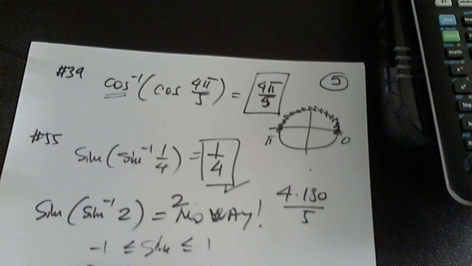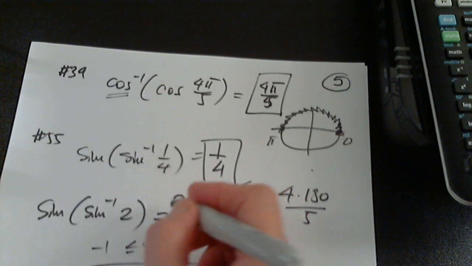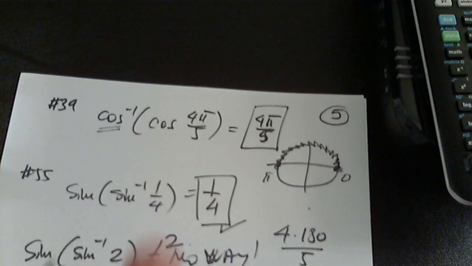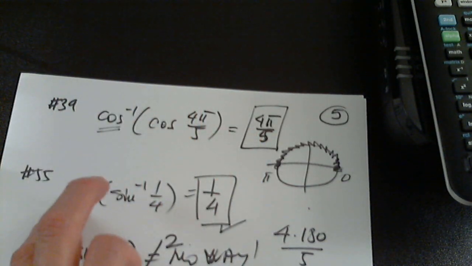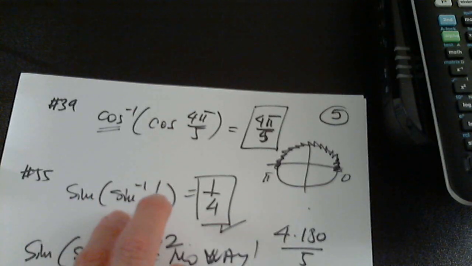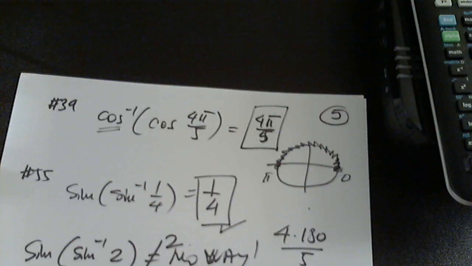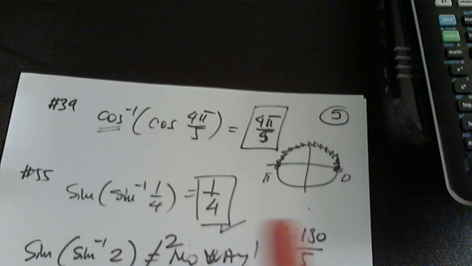Yes, but 2 is not a number between -1 and 1. So it always has to be in between -1 and 1, right? Yes. So one more time. Very good question. If sine is outside and sine inverse is inside, this number has to be between -1 and 1. If it's reversed, then it will be an angle.